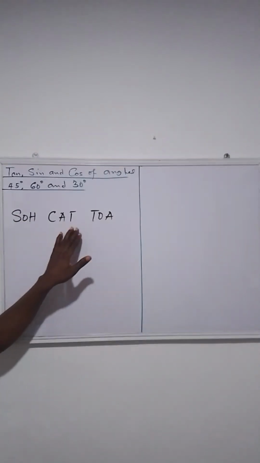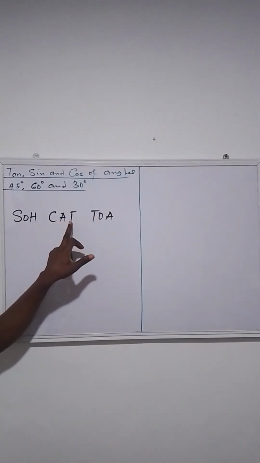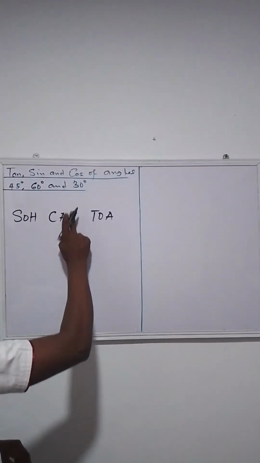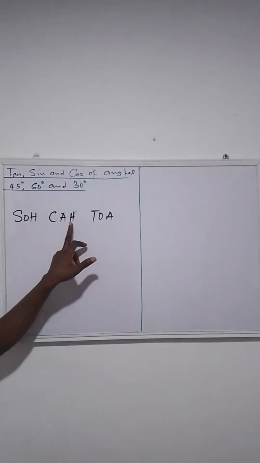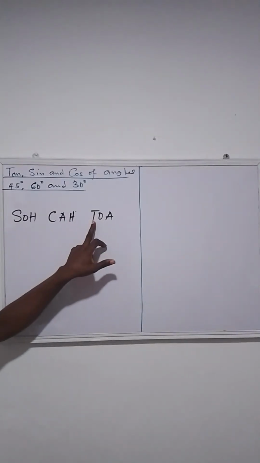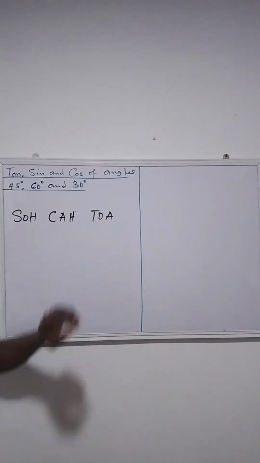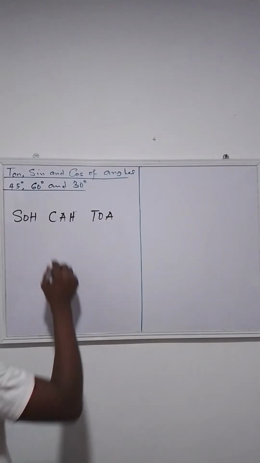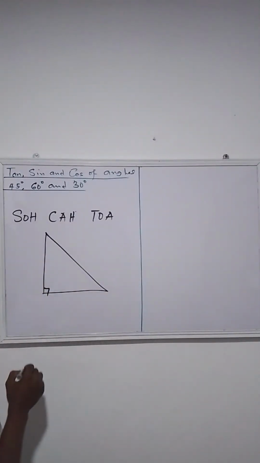The same thing also applies here: C is cos, A is adjacent, and H is hypotenuse. Then we have T for tan, O for opposite, and A for adjacent. Now let's draw that in a right angle triangle.